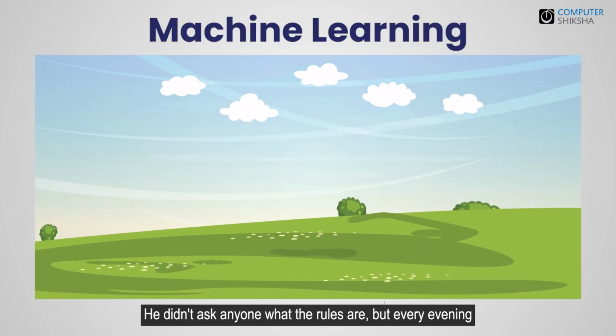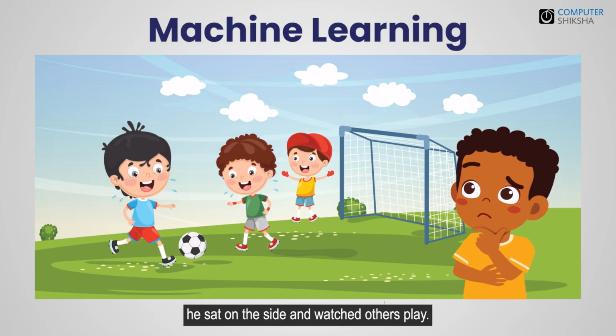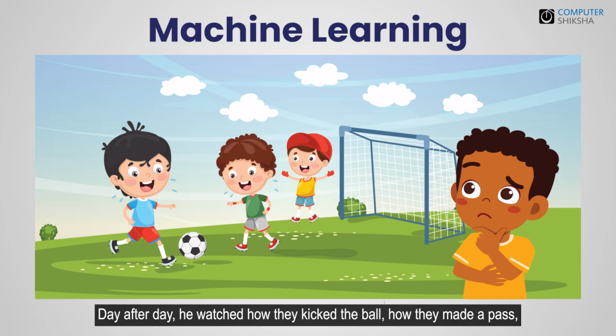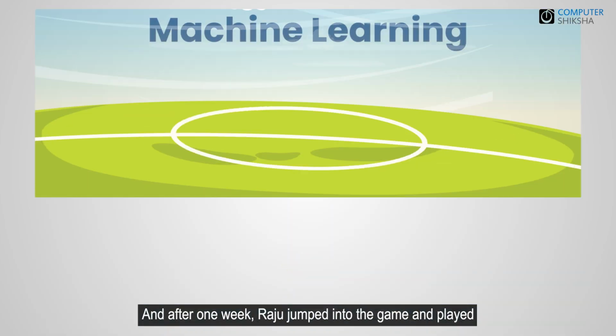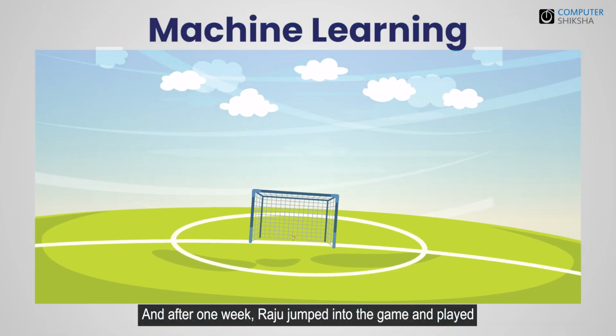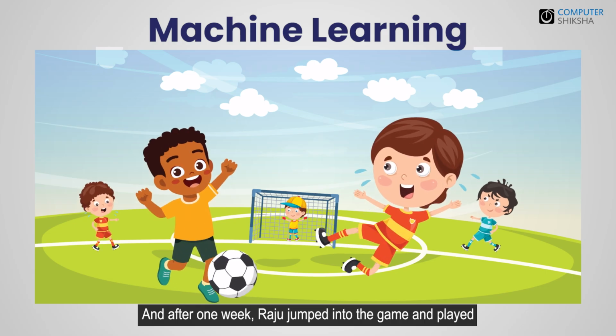But every evening he sat on the side and watched others play. Day after day he watched how they kicked the ball, how they made a pass, how they try and avoid the opponent players. And after 1 week, Raju jumped into the game and played really well.